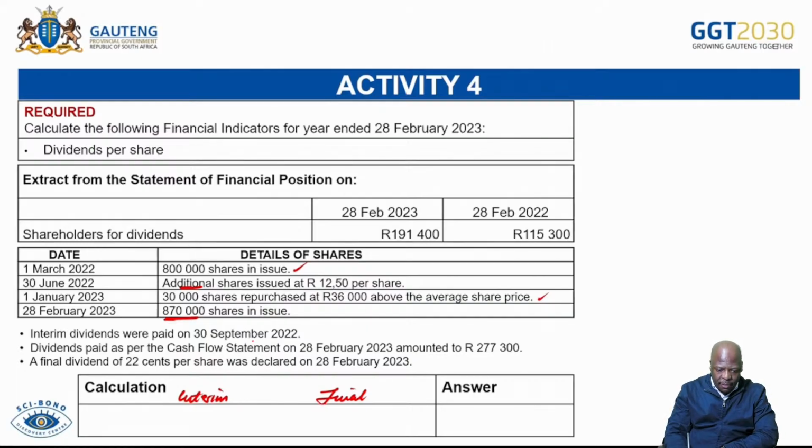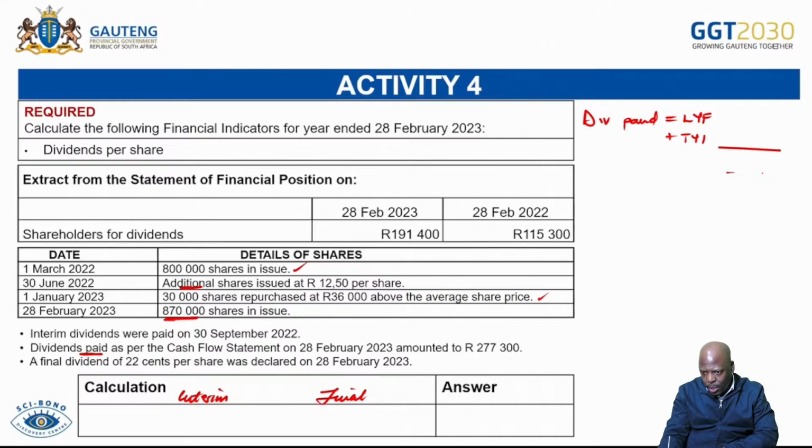To get my interim dividend, I am told that interim dividends were paid on 30 September. And then dividends paid as per cash flow. When we look at dividends paid, we know that dividends paid is last year's final plus this year's interim.